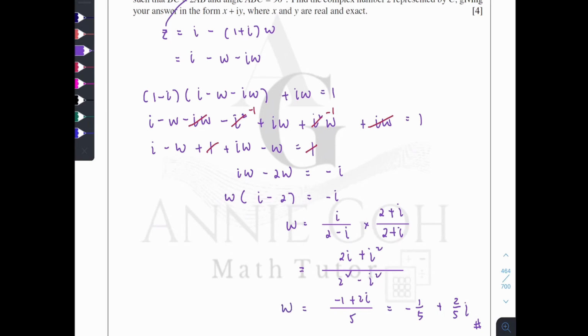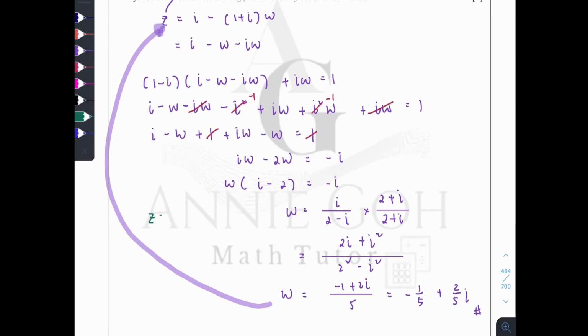And don't forget the z. You are supposed to substitute this answer into the first equation here, and hence z should be equal to i minus w, which is -1/5 plus 2/5 i, minus i times w again, -1/5 plus 2/5 i.